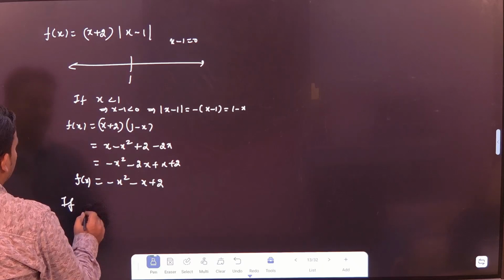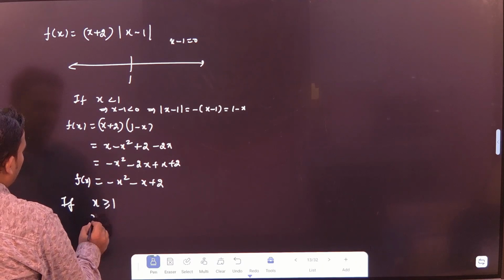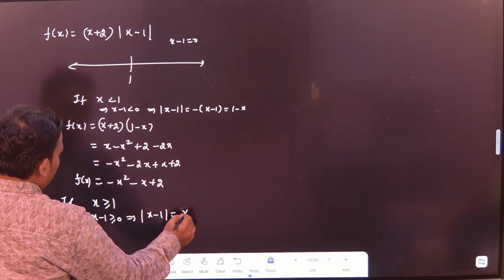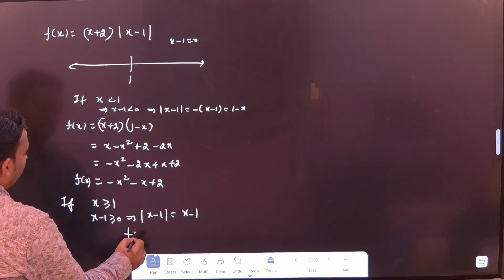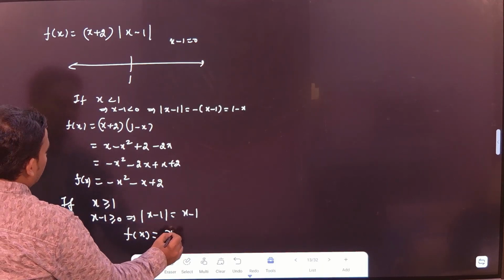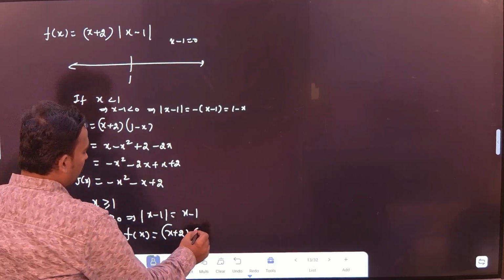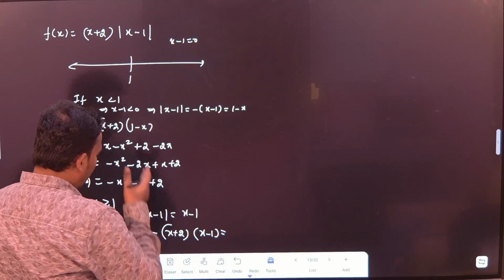Next, if x is greater than or equal to 1, x minus 1 is greater than 0. Therefore, mod x minus 1 is x minus 1 only. Therefore, f of x, how to write, student? x plus 2 into mod x minus 1 is x plus 2 into x minus 1 only. You can multiply this one.